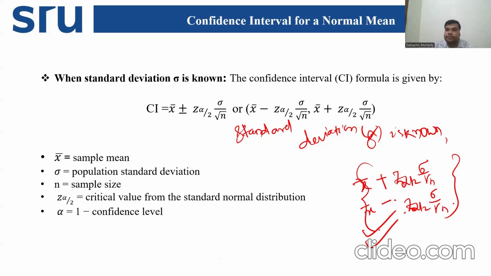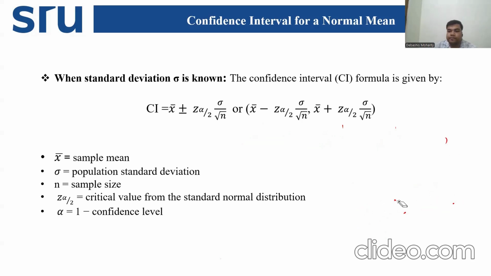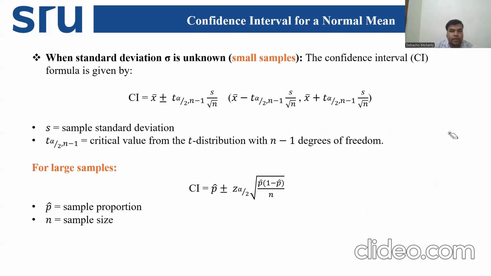Okay. Right. Next, coming to our problem, let us see our problem. This is the confidence interval for a normal mean. So in the previous one we have seen the sigma value is known to us. That means the standard deviation is known.